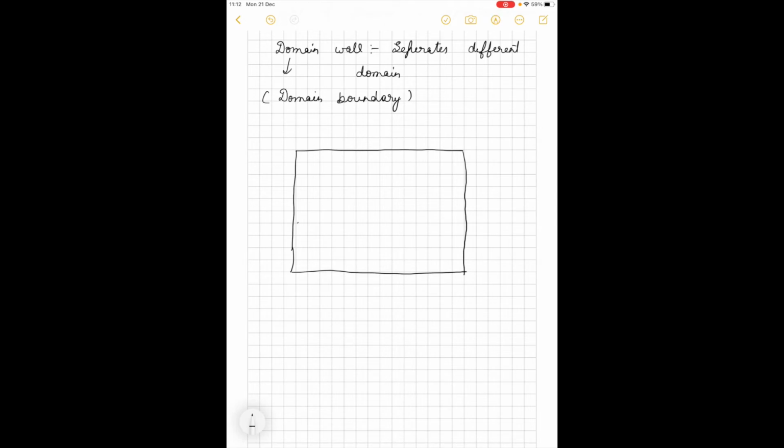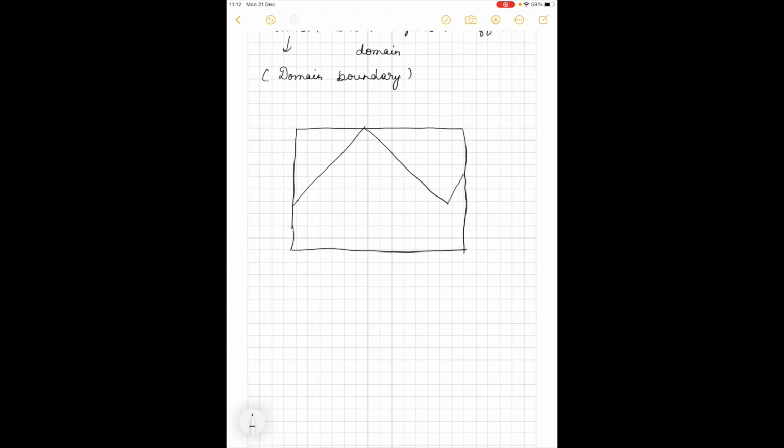So for example, let's say we have a domain. I'm showing you a diagram where we have different domains. So for example, I have something like this, and I can say that my domains are this and this.